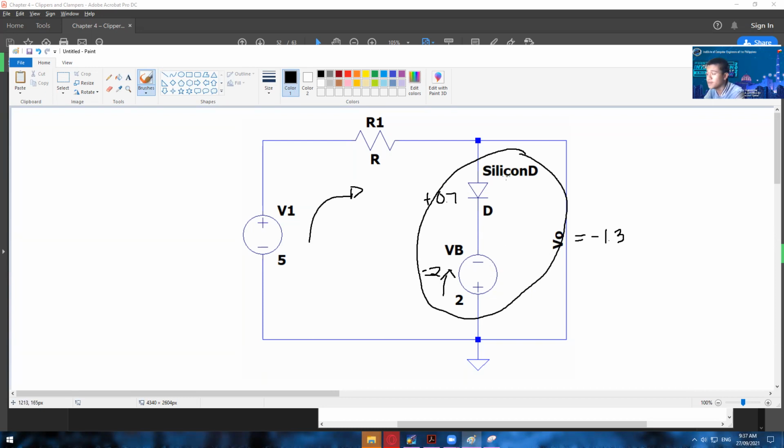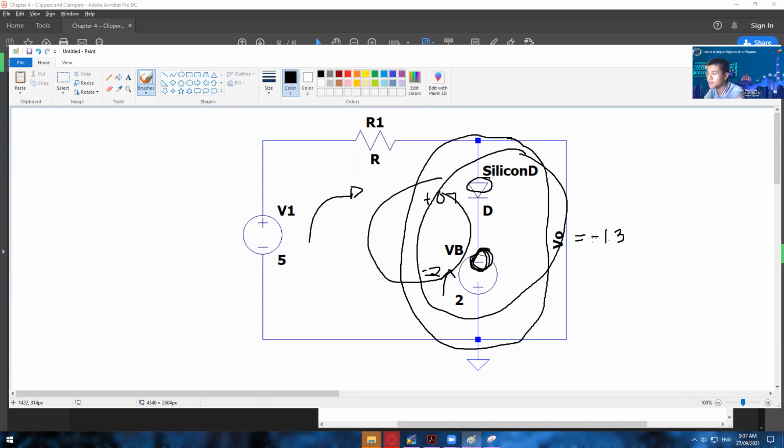When it comes to reading this part, always read the above polarity, which is this one, so negative and then the positive. Because if you do the other way around, of course you will get positive 1.3. But the correct reading of this one is the above polarity, which is this negative and then this positive right here. So -2 and then positive 0.7. Just add them and you will get negative 1.3.